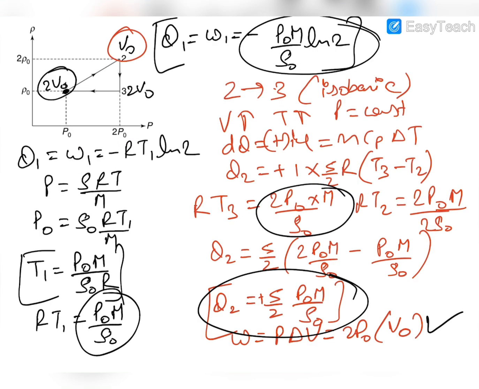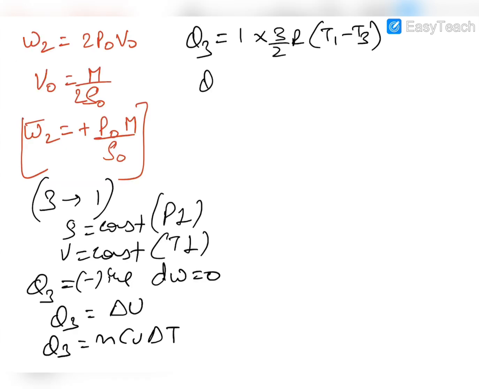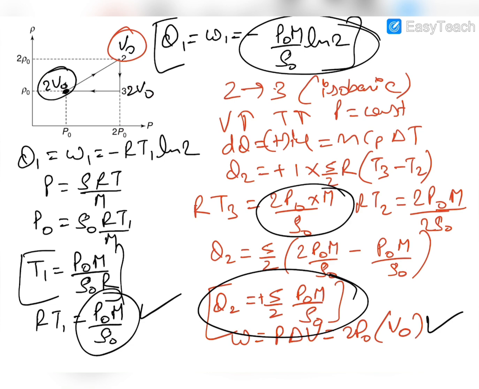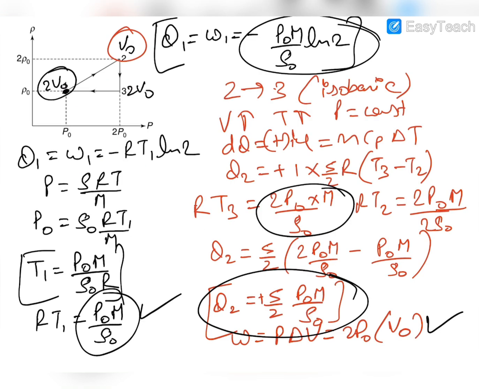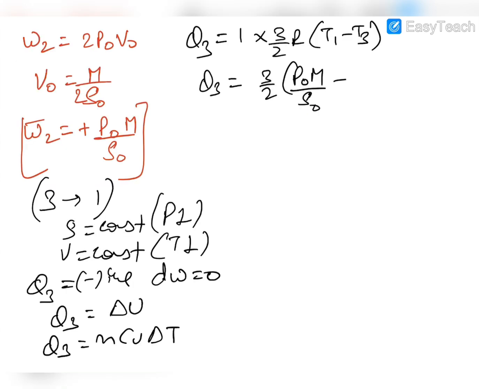We have already calculated the value of R T1, which is P naught M by rho naught, and R T3 will be 2 P naught M by rho naught. So Q3 will be equal to minus 3 by 2 P naught M by rho naught.